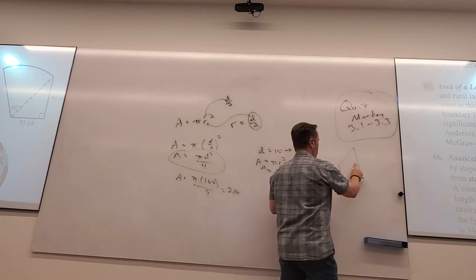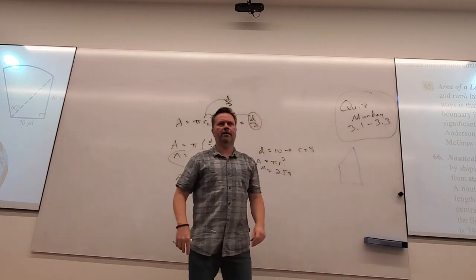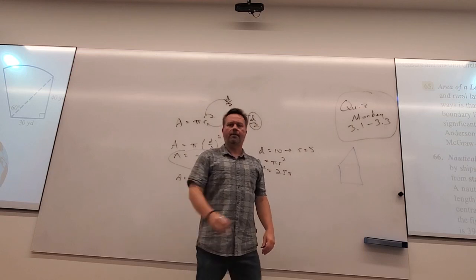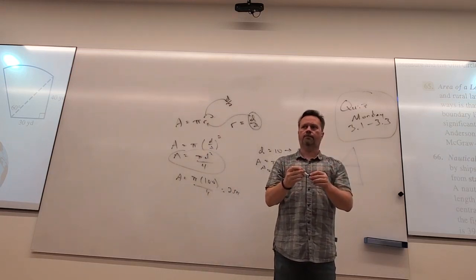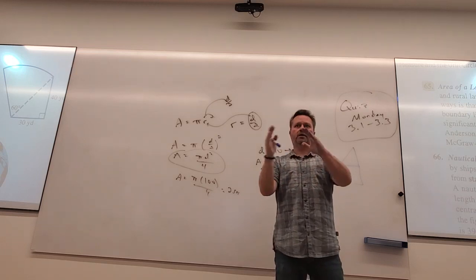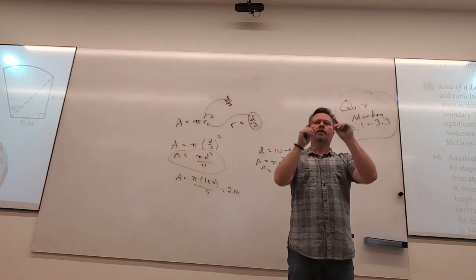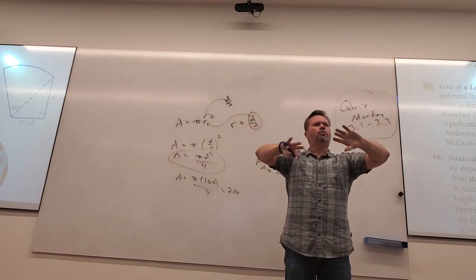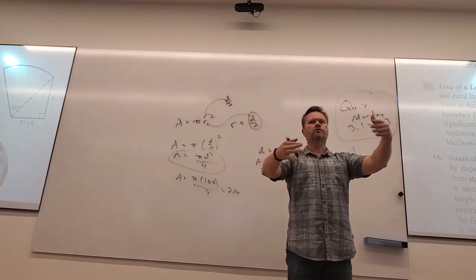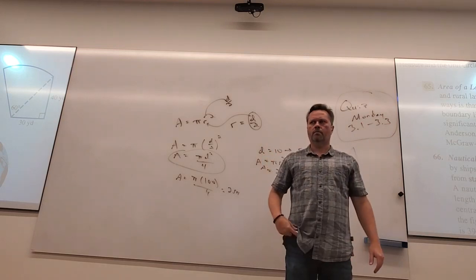But I don't have a formula for the area of that shape. There isn't one. I can break it into parts that I do know, and then add them together, right? That's what this problem really is. Break it into a triangle, break it into a sector. Now focus on each one separately. If you break it down into parts, every part is much easier.